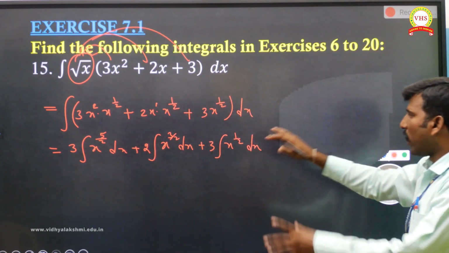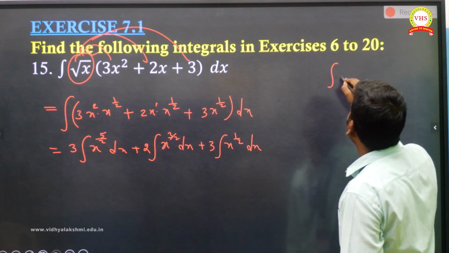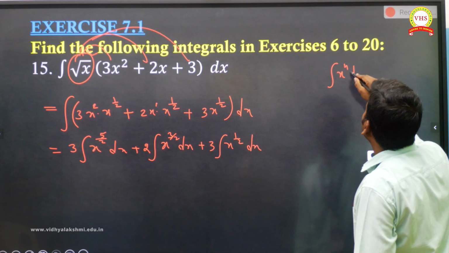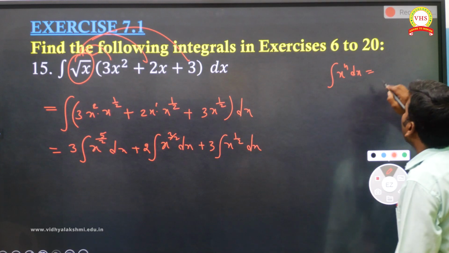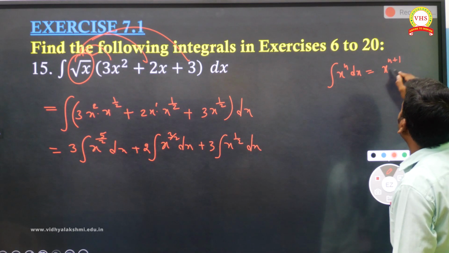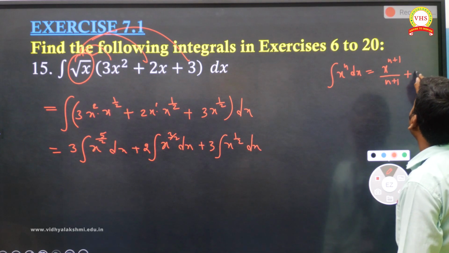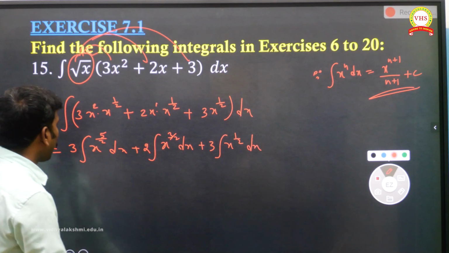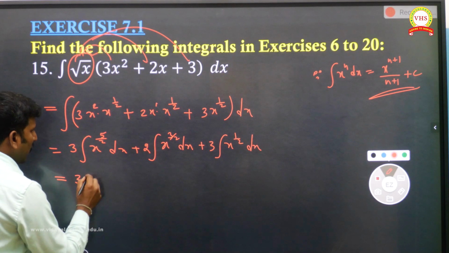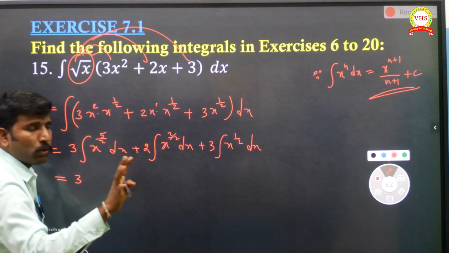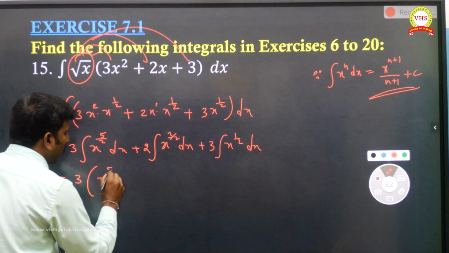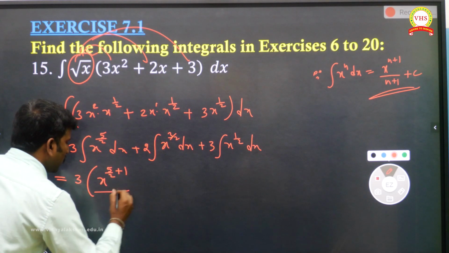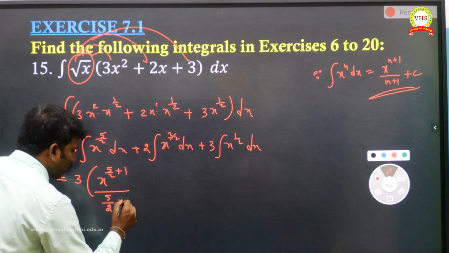Okay, now what is the formula which I am going to use commonly for all the 3? Integral of x power n into dx is equal to x power n plus 1 divided by n plus 1, plus c. This is the formula I'm going to use for all those. Right, fine. Now apply. So for the first, instead of n, 5 by 2: x power 5 divided by 2 plus 1, divided by 5 divided by 2 plus 1.